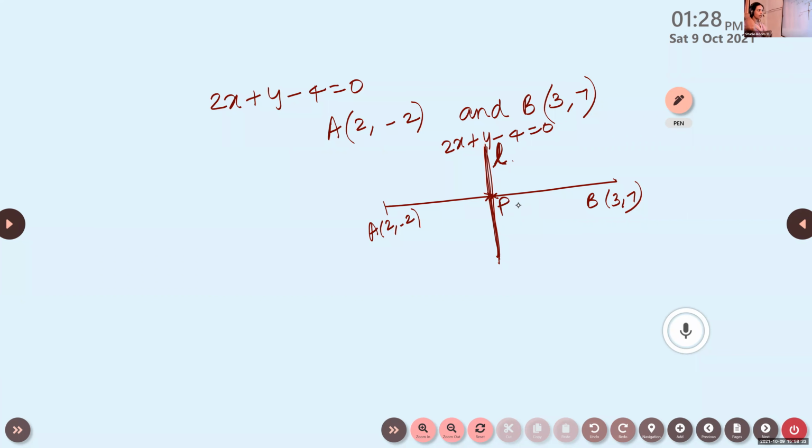So where does this point P lie, children? Is it on the line L or on the line segment AB? Line segment only?